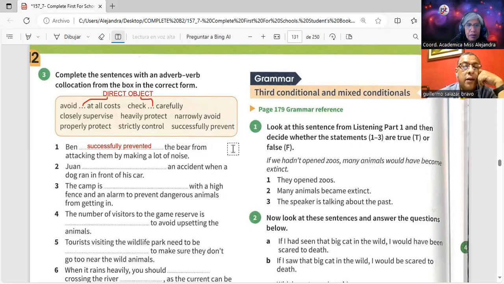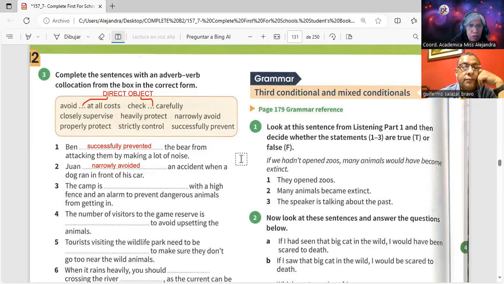Number two, Juan, an accident when a dog ran in front of his car. Narrowly avoided an accident when a dog ran in front of his car. Good.